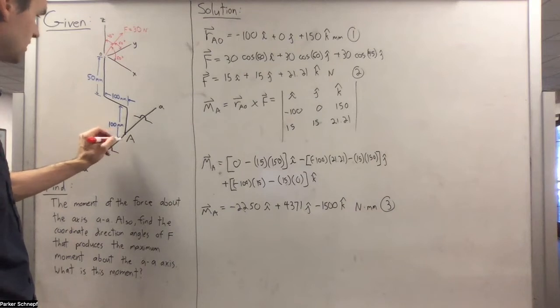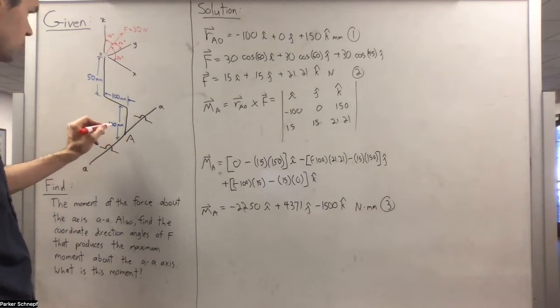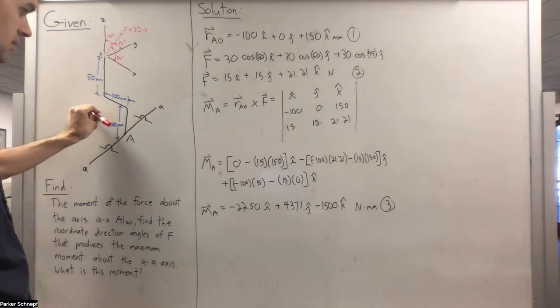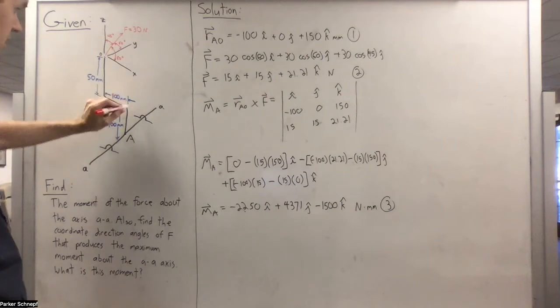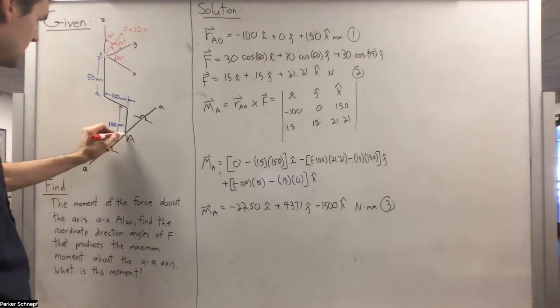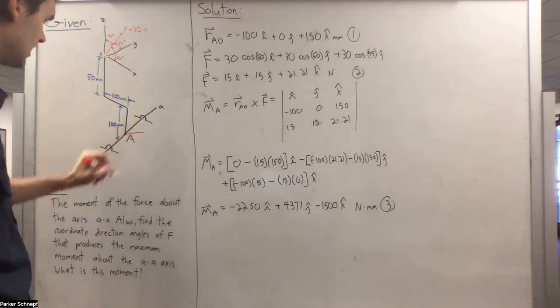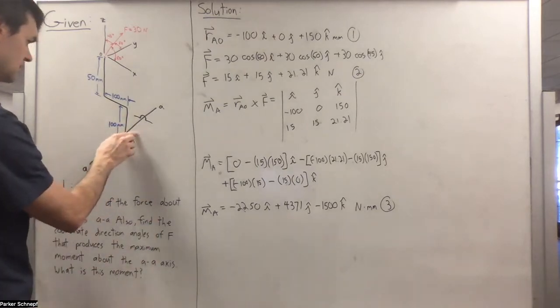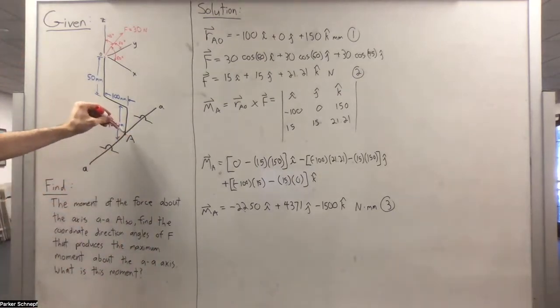Oh boy, it's going to be tricky to draw. Golly, I'm not going to be able to draw this very well. But it's basically going to be going in this direction, right?